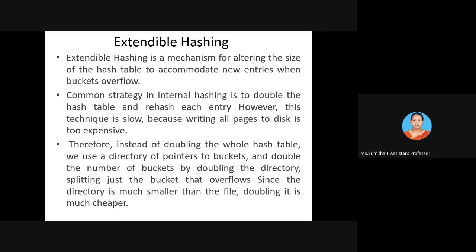Extendable hashing is the mechanism for altering the size of the hash table to accommodate new entries when a bucket overflows. We can call the leaf a bucket also. The common strategy in internal hashing is to double the hash table and rehash, as we saw before. This one is external hashing.